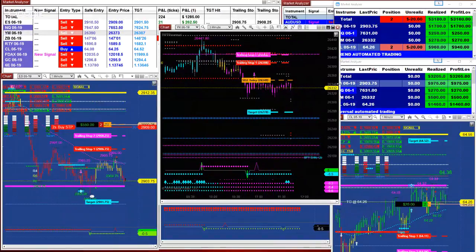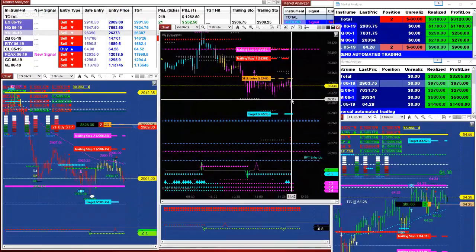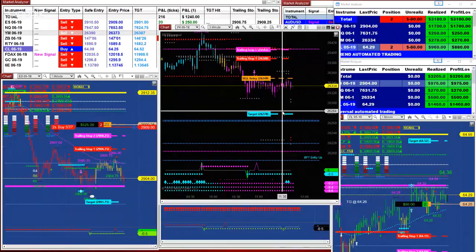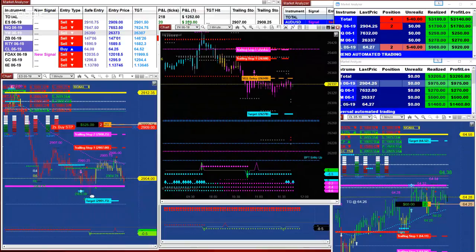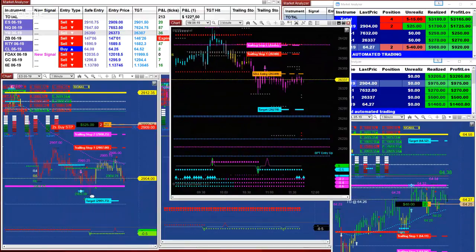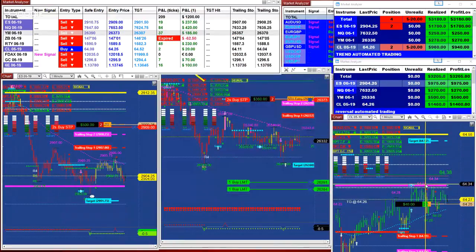But look at this, there is another double projection at 63.07. So this is a problem. Once we break that, we will be going to the final destination, 62.84. So there is not much going on at the moment with the YM, and the CL is struggling at that resistance. This is the story on this market.